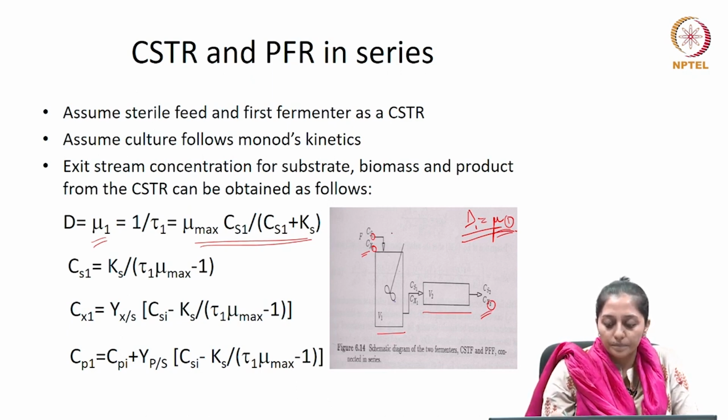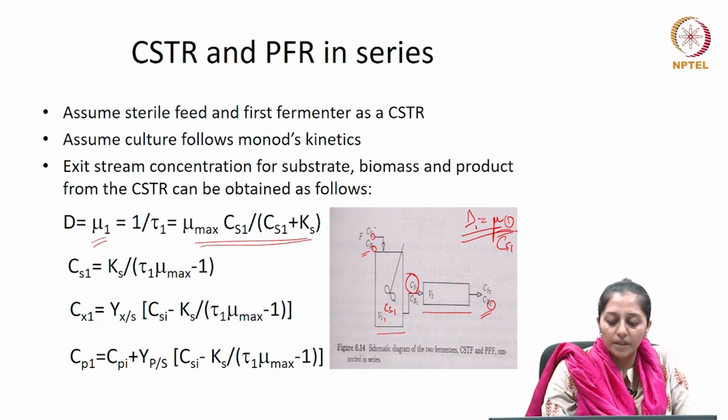Now, the substrate concentration inside the reactor is CS1. Because it is an ideal steady state CSTR, whatever the concentration inside the reactor is will be the same concentration coming out of the reactor, which we give the notation 1.